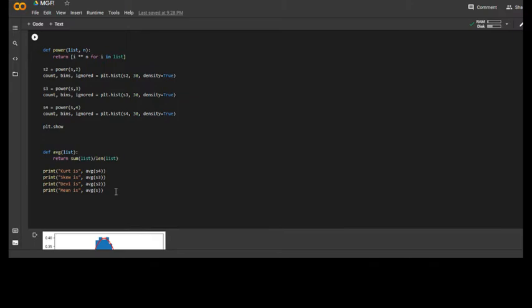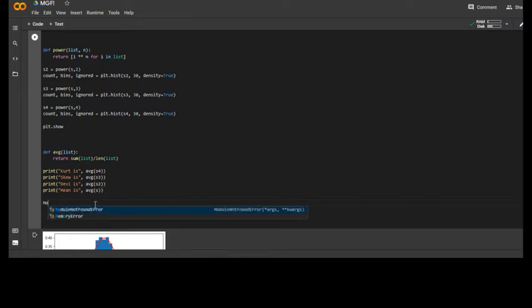The moment is defined, let me write it down very clearly. The moment equals the expected value of x to the power of k.